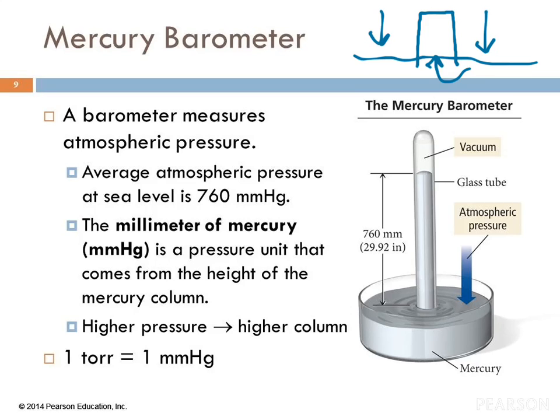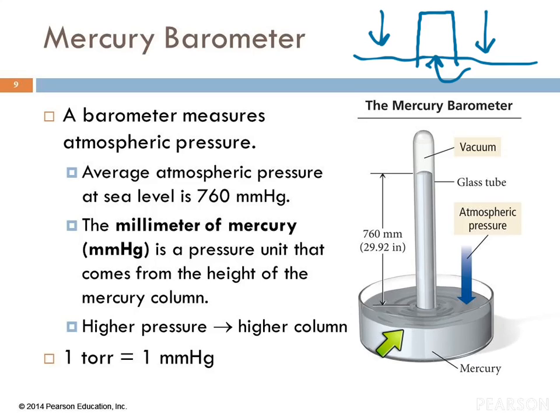Many of these early scientists were playing around with toxic substances, and they didn't know it, and so they ended up dying prematurely. So I'm sure Torricelli had fun playing with mercury, but he did not live a long, long life because of it.